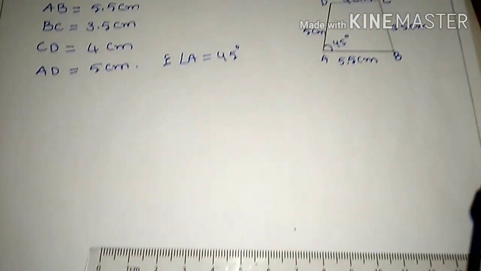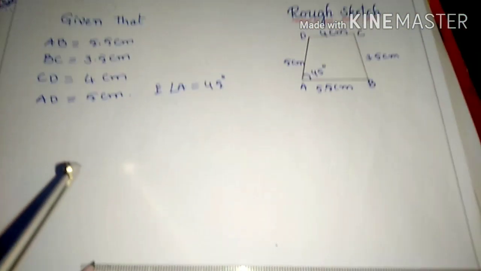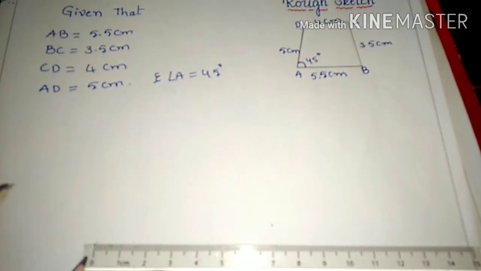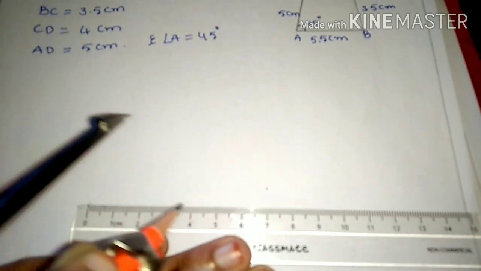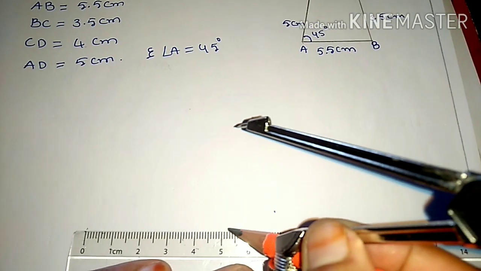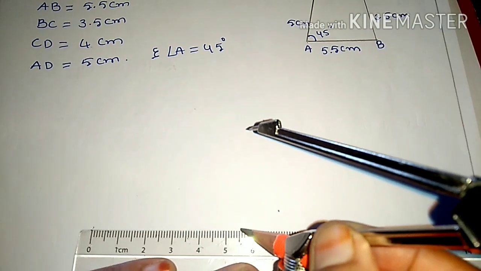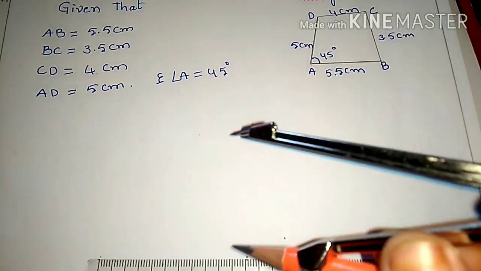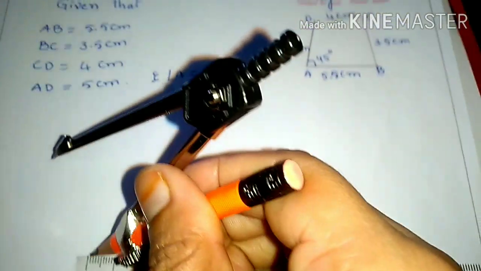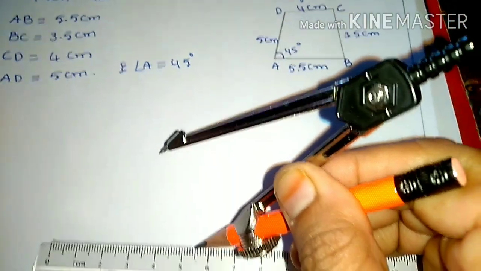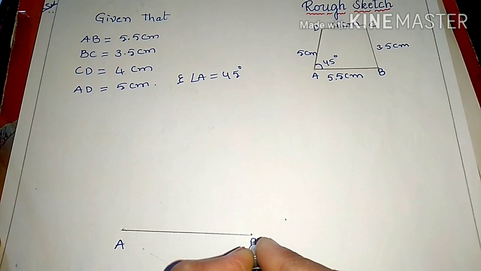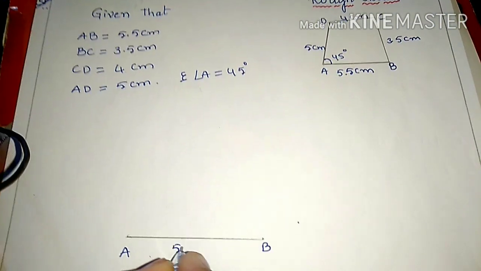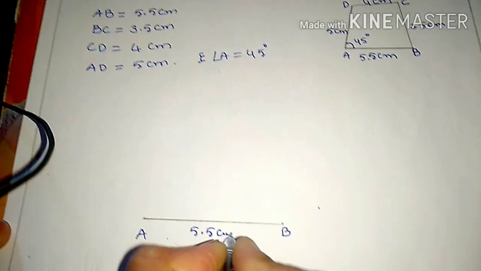Now I take the base: counting from 0, 1, 2, 3, 4, 5, and here 5.5 is the dark line. Then join the 2 points and keep the marks A, B. It is 5.5 centimeters.